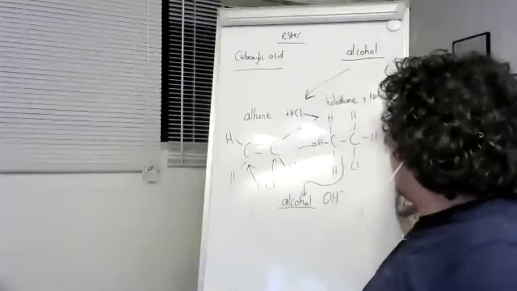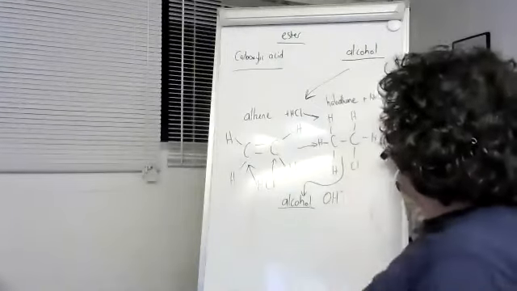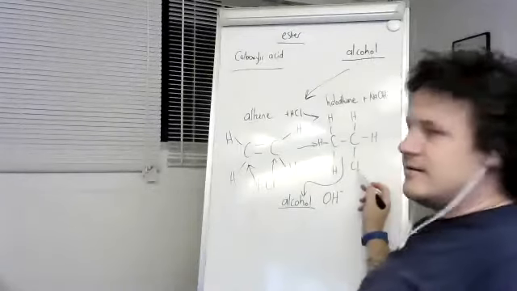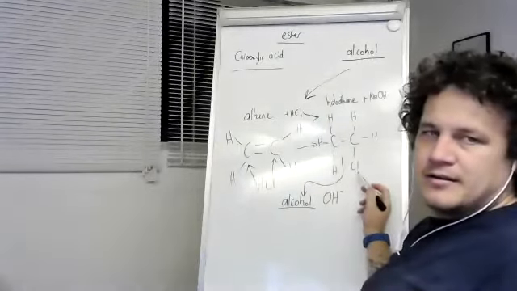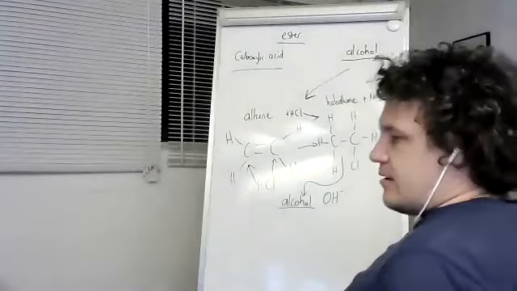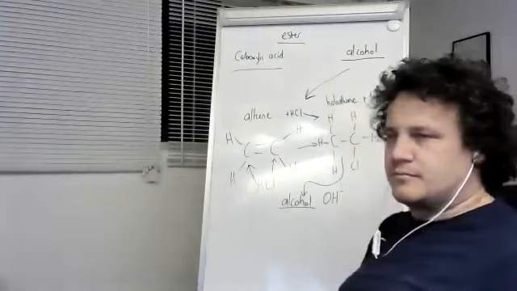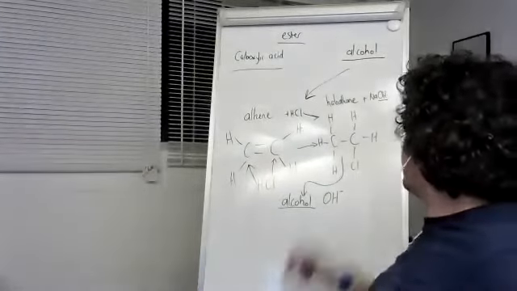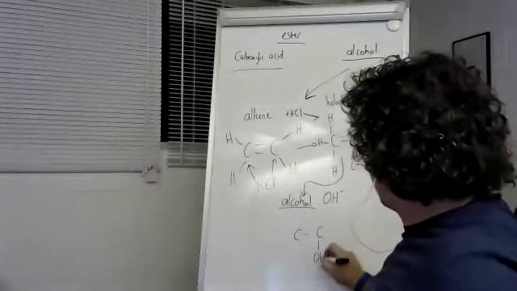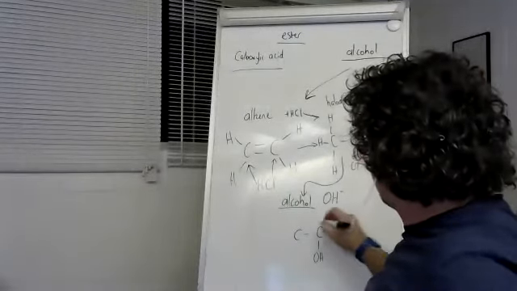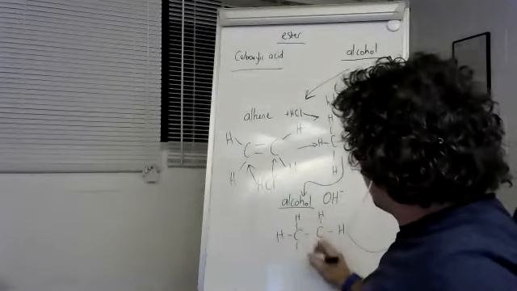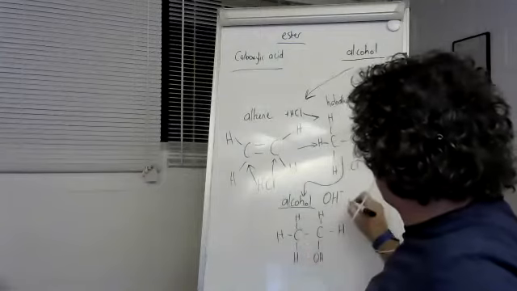What happens here is we want to replace the chlorine with our OH minus group. So we end up with now ethanol.